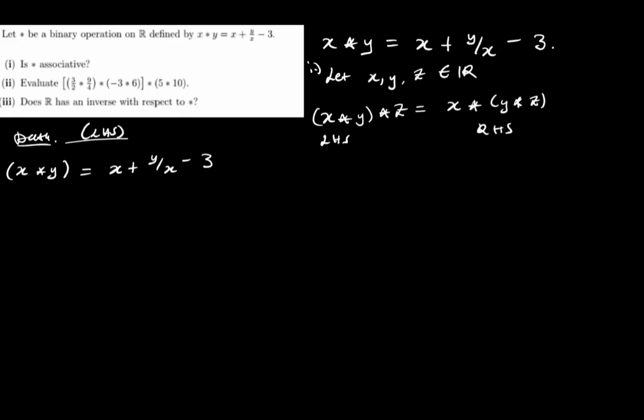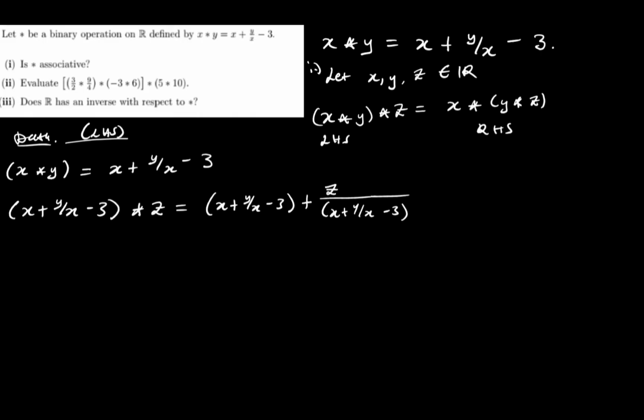Therefore, x plus y over x minus 3 star z will give us x plus y over x minus 3, then plus, wherever there is the other variable, which is y, I will put z. So this will be z over the first variable, which is x plus y over x minus 3, and this is minus 3. So this is for my left-hand side.